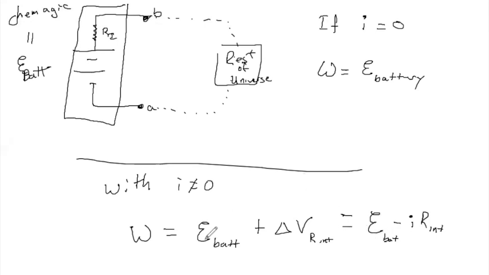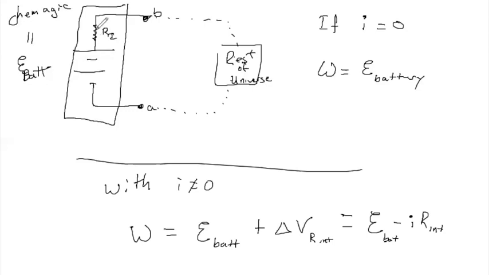Okay, and so the idea is the EMF would be the magic of chemistry. That's the energy available per charge as you cross the battery before you make it actually do anything. That's kind of the most you could ever get out of it. But in reality, you kind of have to work against the structure of the battery, and so there's going to be some resistance.